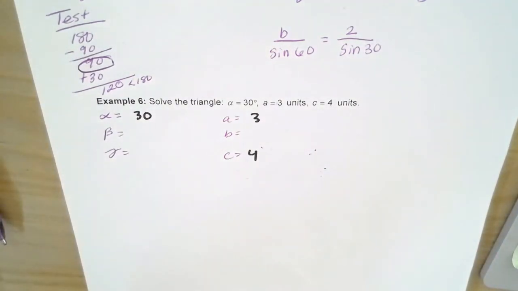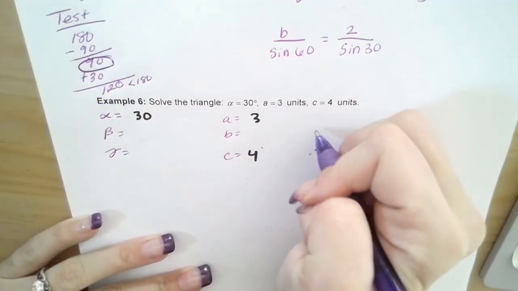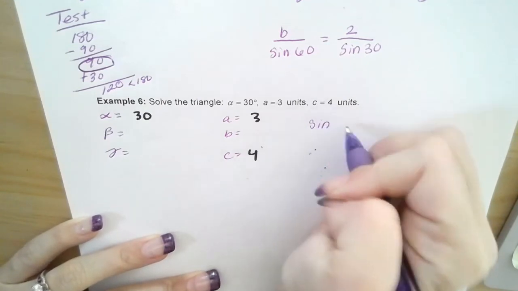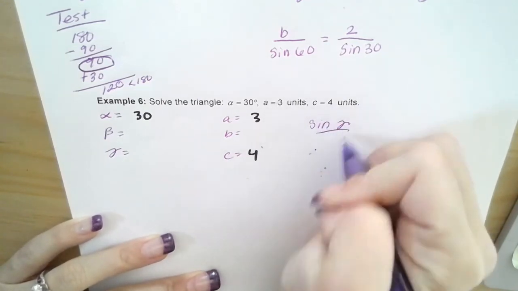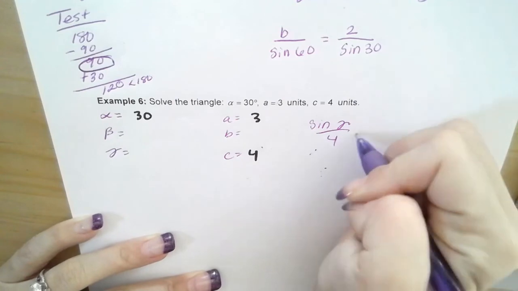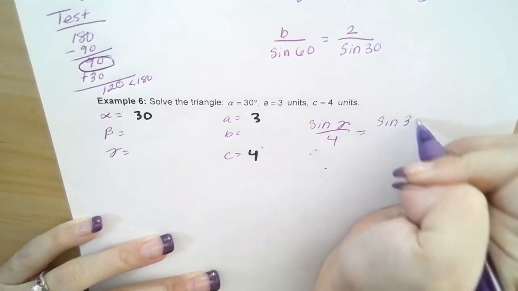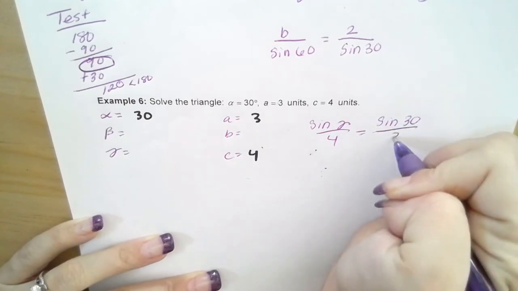Well, let's remember that we are solving for the gamma angle first, so start writing that out. So we end up getting, let me just write that down. We have sine gamma over 4 equals sine 30 over 3.